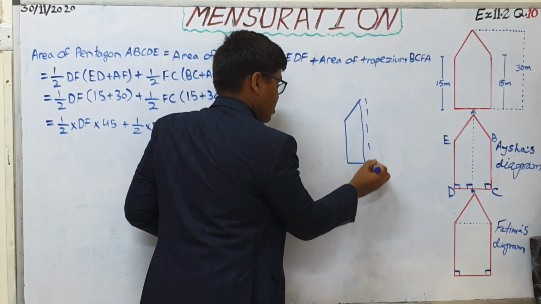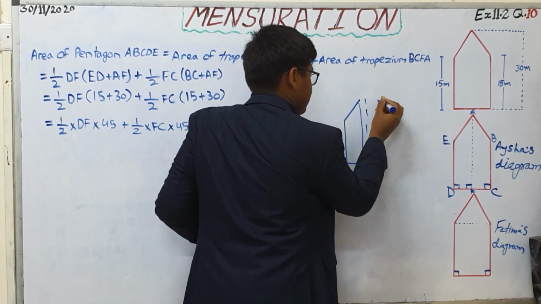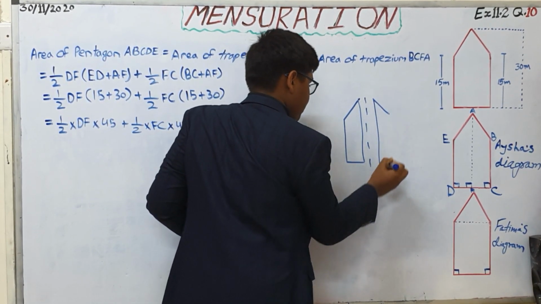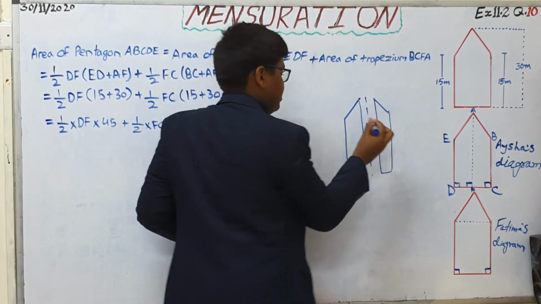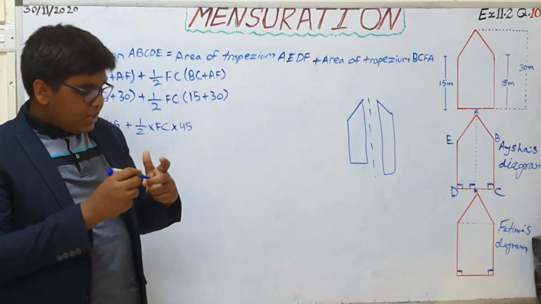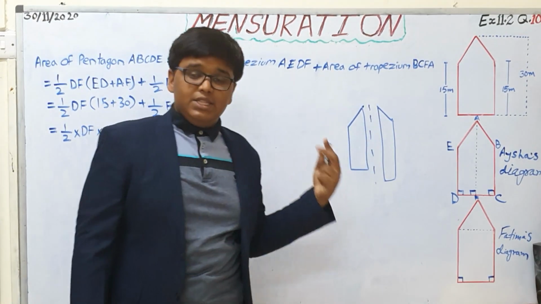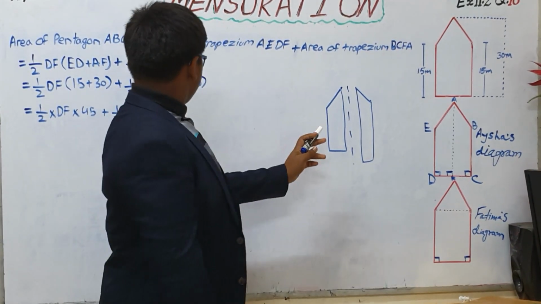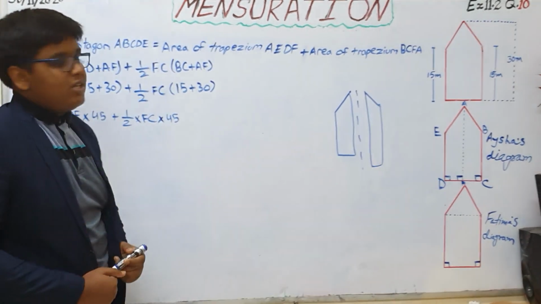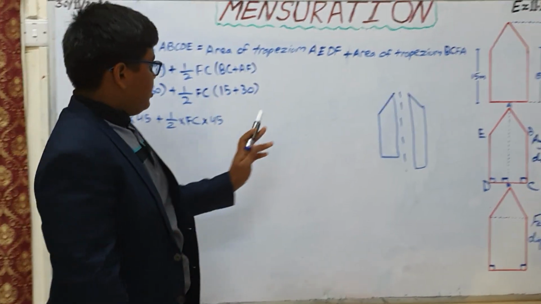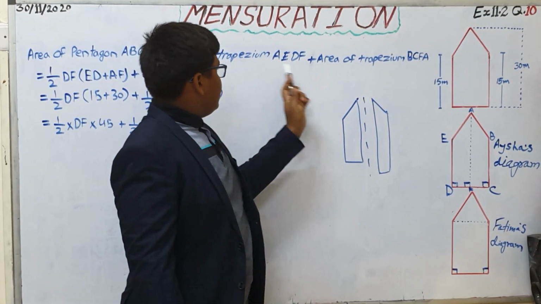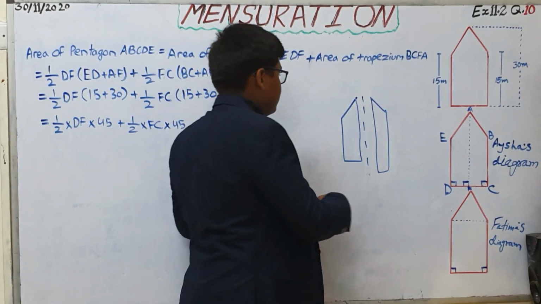Now there's a gap, and there's another trapezium here. So there are two trapeziums in this figure. Now what we are going to do, first we are going to find the area of both these trapeziums. Now trapezium AEDF, this is the trapezium.